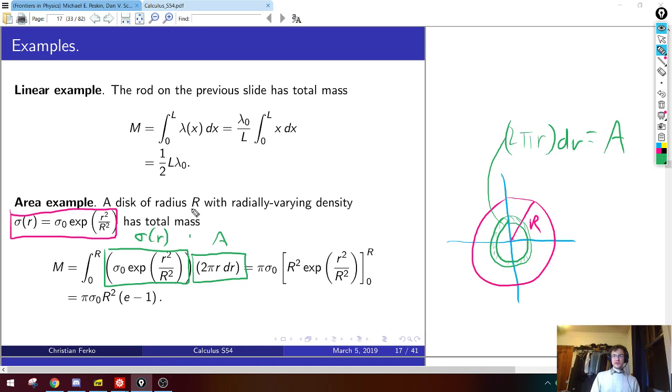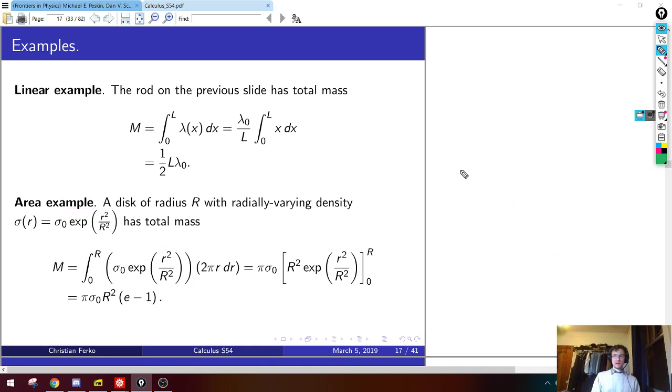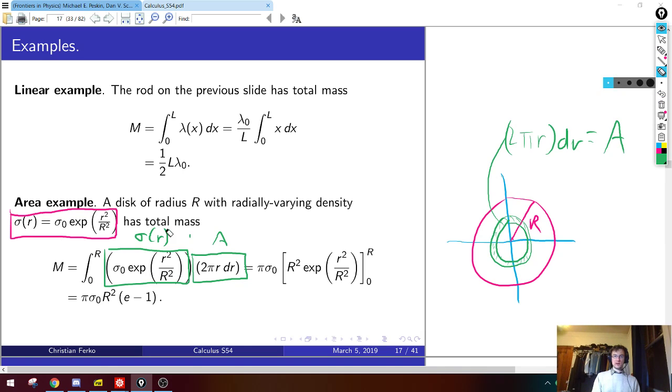So, okay, sure, let's do that integral. It's pretty easy. You could probably see either by u substitution or just by guessing what it has to be. We can pull out all the constants. So sigma 0 and 2 pi all go outside. And then you just ask, what is the integral of r e to the r squared over R squared? Well, we know the derivative of e to the r squared over R squared would be e to the r squared over R squared times 2r over R squared.